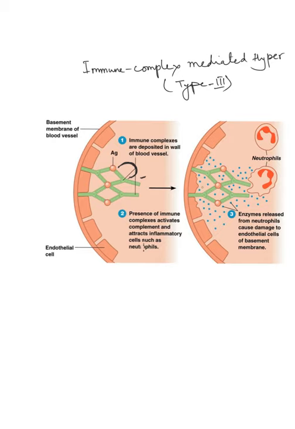So wherever these immune complexes are deposited, for example on blood vessel walls, they lead to vasculitis, rashes, erythema, edema.